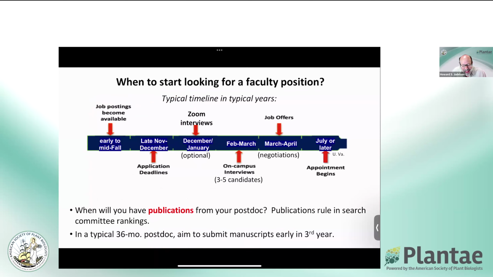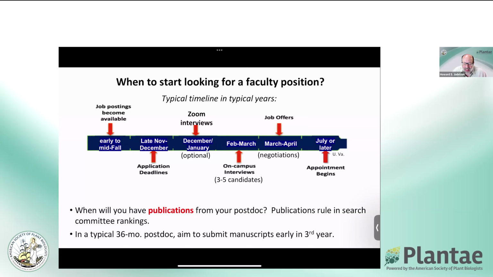Well, to answer that, I thought I wanted to show this timeline of how a typical search goes, at least in the United States. Postings for jobs usually become publicized sometime in the fall, or hopefully in the middle of the fall.